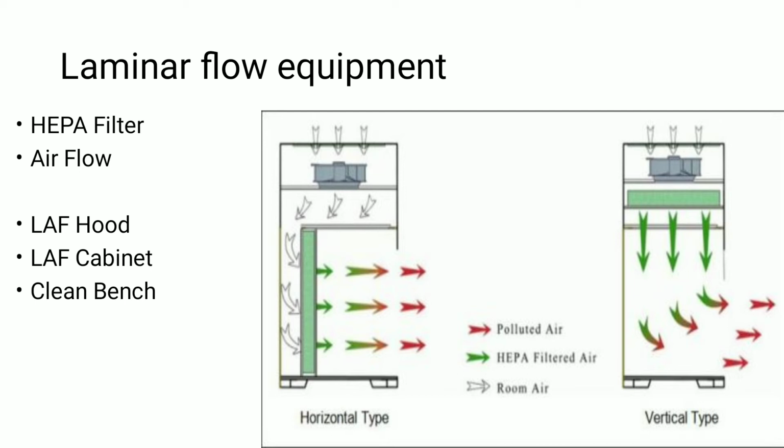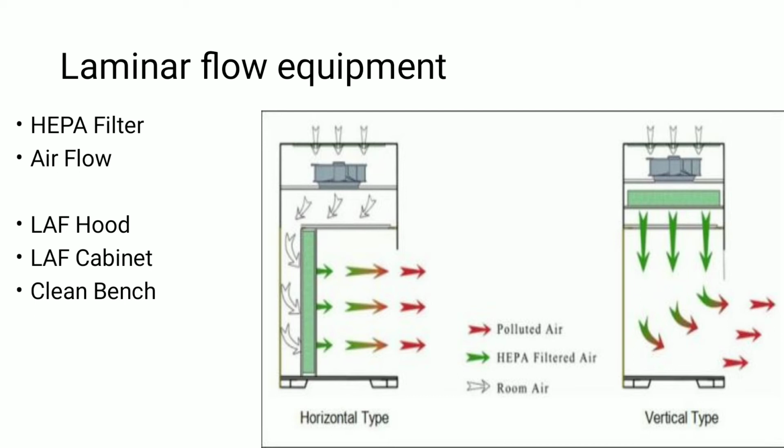The filters associated with the HEPA filter are arranged in layers. Sometimes aluminum sheets or fiber sheets are also used. In this way we are utilizing that HEPA filter which passes the quality air.